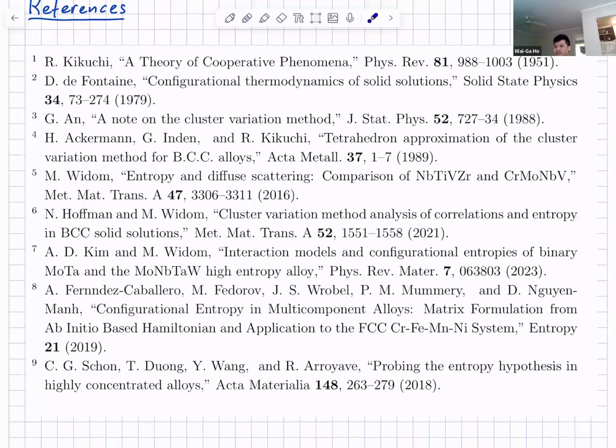Does everything stay basically the same with high entropy alloys, or is there any question about selecting the clusters in that case? There's nothing really new. There are questions about how you will determine the terms in the energy expression, so how do you create the interaction model? And then you are also in danger of having some difficulty controlling the concentration.